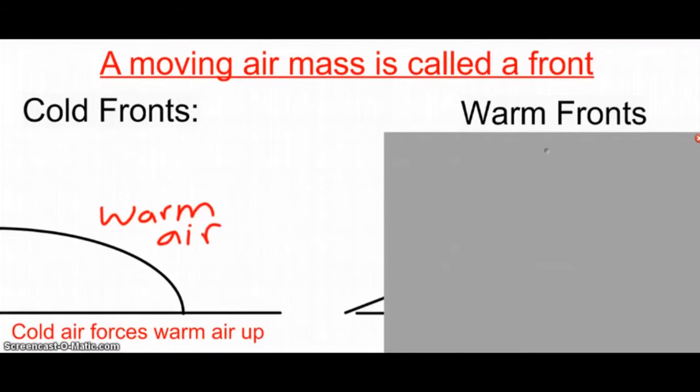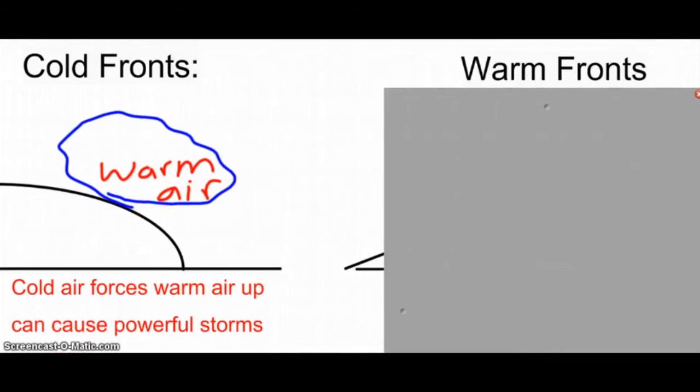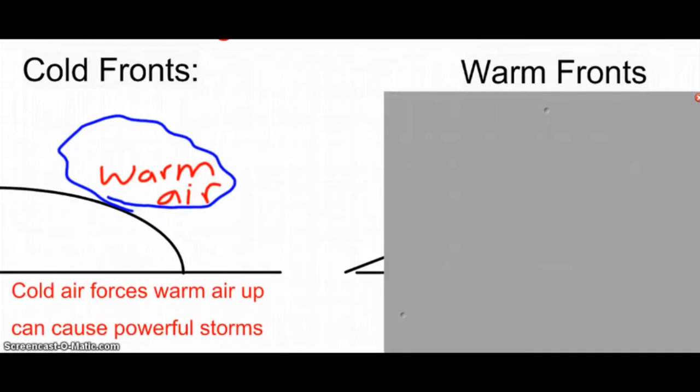This warm air can start making clouds, and if the conditions are right, it'll end up making a storm. So cold air forces warm air up, and it can cause powerful storms, is what I need you to understand here. And here's our drawing. The nice dense cold air moves in this way, and that forces this warm air upward.